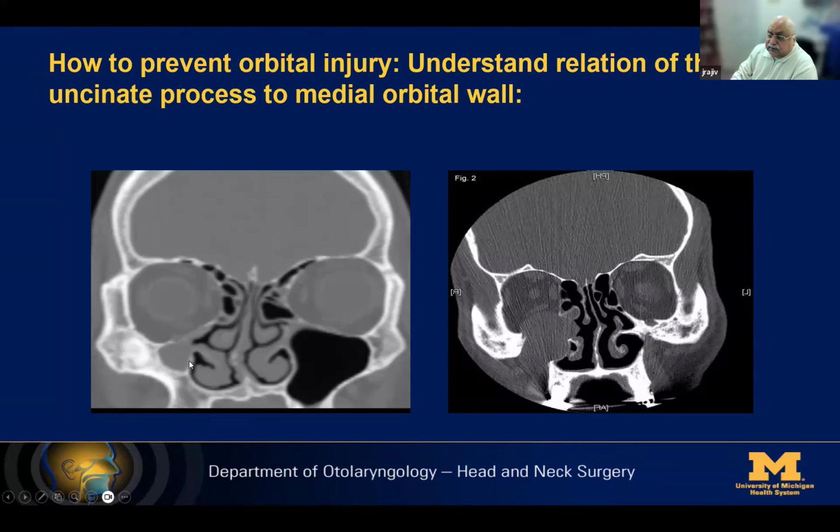So this is a chronic process, and because of this chronic mucositis, you have thickening of the walls of the maxillary sinus, and the volume of the maxillary sinus is significantly smaller than the normally aerated left maxillary sinus in this instance.